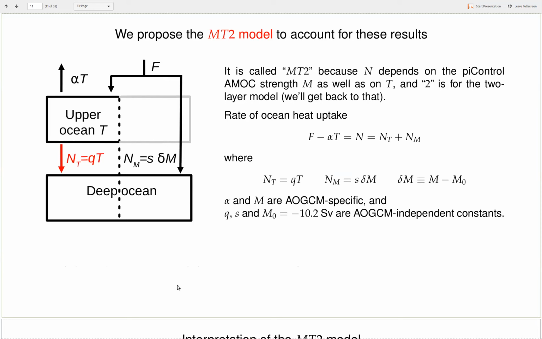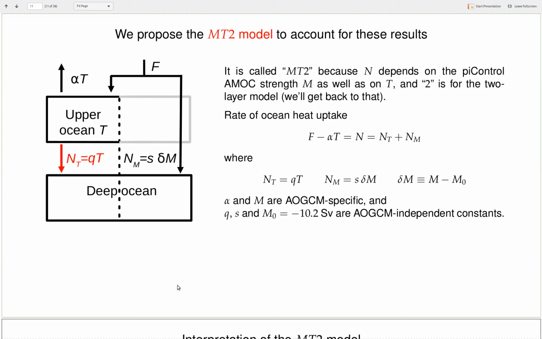So in this model, n has two contributions, nt and nm. The nt part is still forced by the temperature, like in the two-layer model, where q now appears instead of kappa. And the other part is a direct uptake of part of the forcing into the deep ocean without causing surface temperature change. And this part is linearly related to the AMOC. So the AMOC strength in the control is expressed as m minus m0.